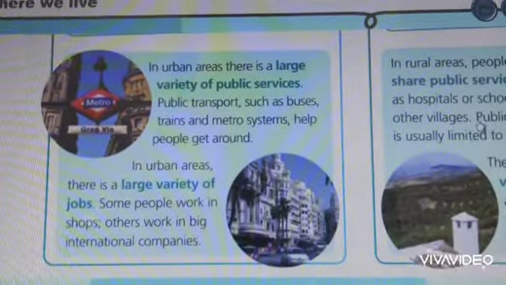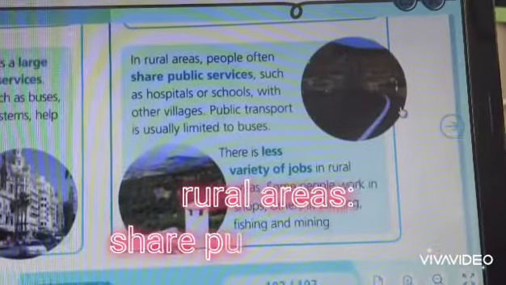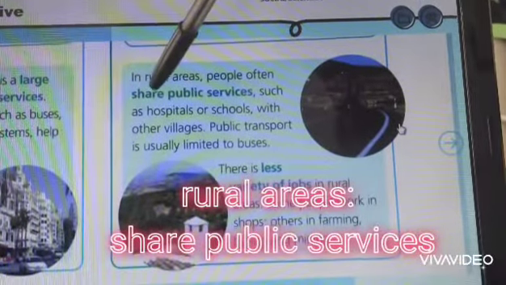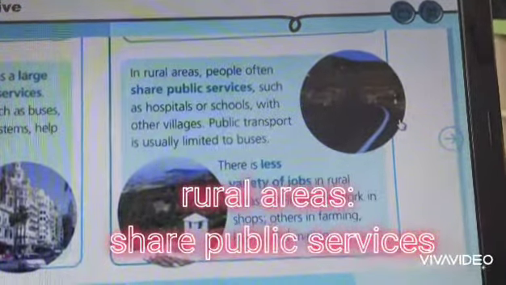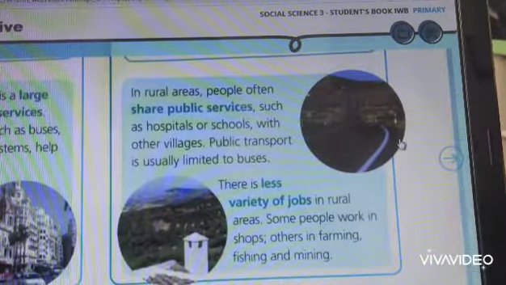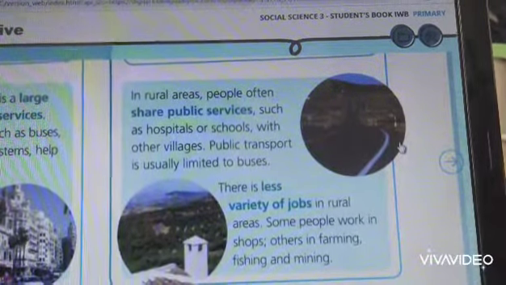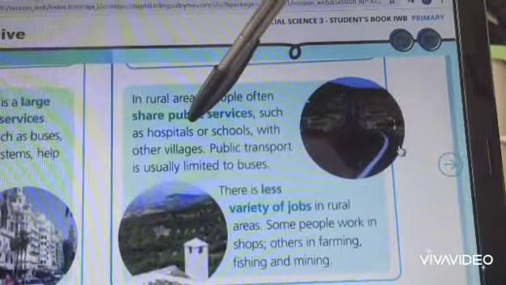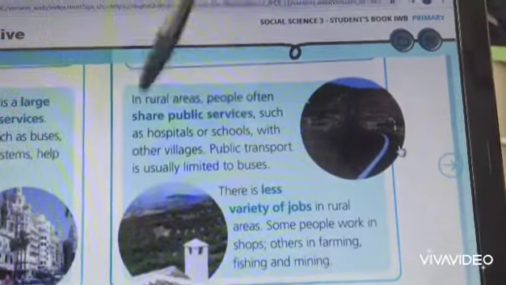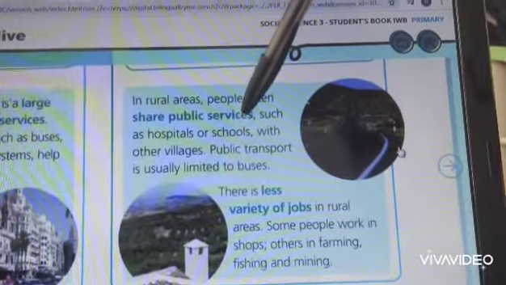But if we go to the rural areas, many of the public services are shared. They share the public services. It means that, for example, one village maybe doesn't have a hospital, and they have to go to the hospital of another village, or another school in another village or small town. So they have to share the public services.